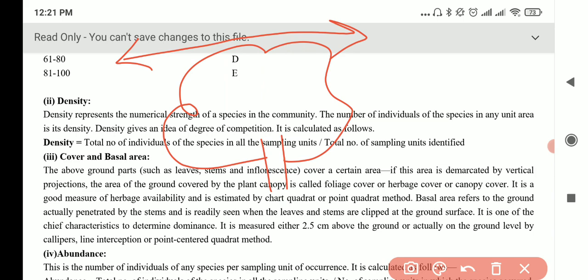So that area is known as your foliage cover or herbage cover. Okay. Or another word is your canopy cover. Okay. So from here to here, this area is your canopy cover.